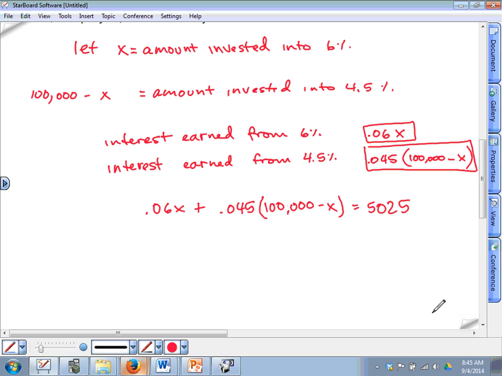All right, what are we doing here? How do we work with this? We're going to have 0.06x plus... Is there a way we could simplify the process here a little bit?